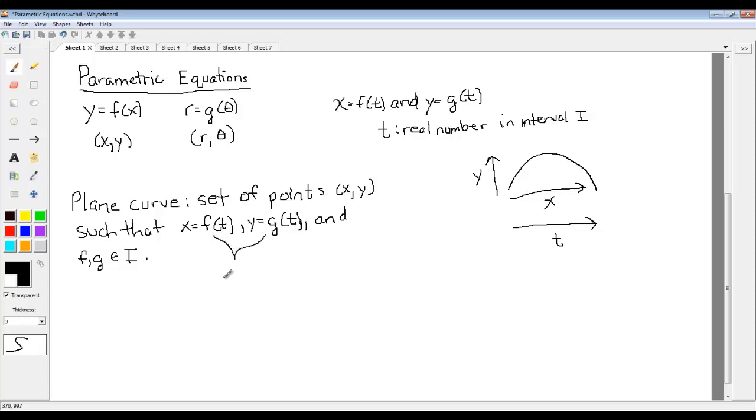So these two are parametric equations. And the parameter is t.